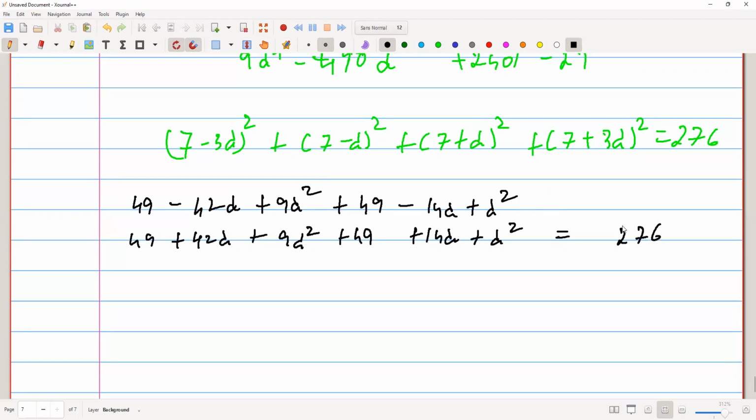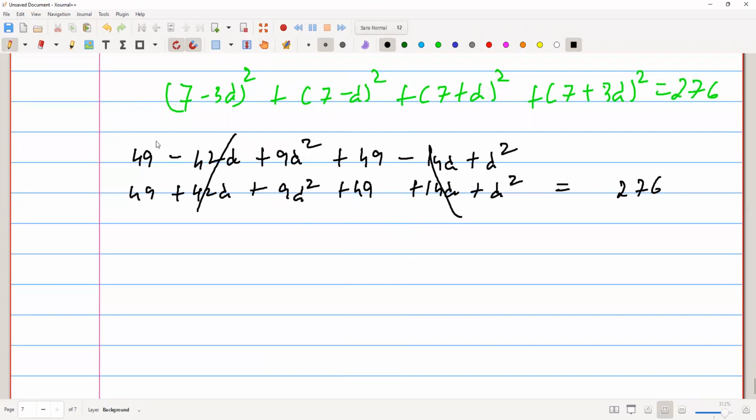Since I'm adding, 42d plus 42d minus 42d would get cancelled. So this is 196, and 10, 10, 20 d square plus 196 equal to 276.